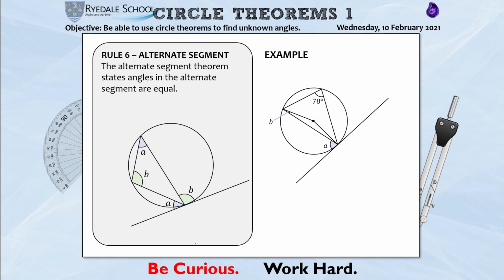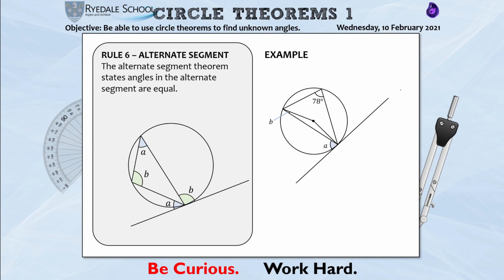Why is it called the alternate segment theorem? Well, this chord, where A is, chops this circle into two segments, a minor segment, remember a segment's a piece of an orange, and a major segment, and you could argue that these angles are in the opposite segments of each other. So let's have a look at one example.